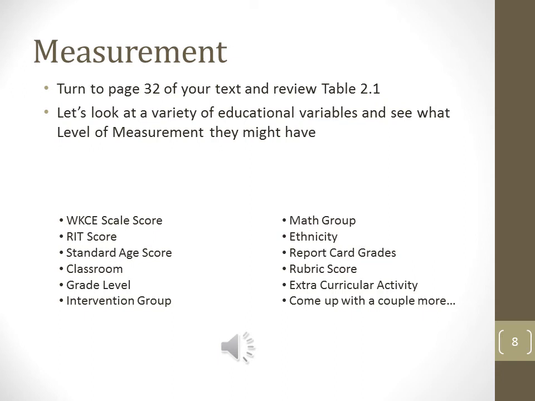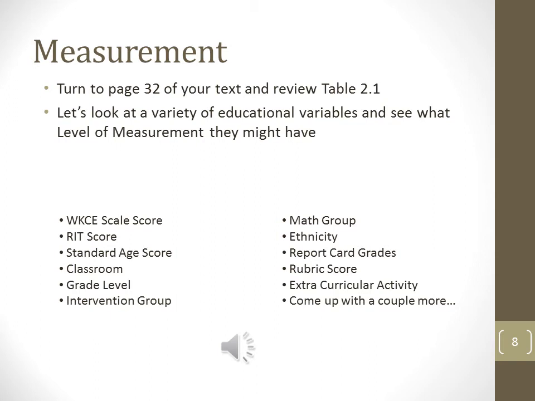Intervention group could be either nominal or ordinal. We may know that a Tier 3 intervention group is for a group of kids that need substantially more intervention than those in a Tier 2, but we don't know how much.